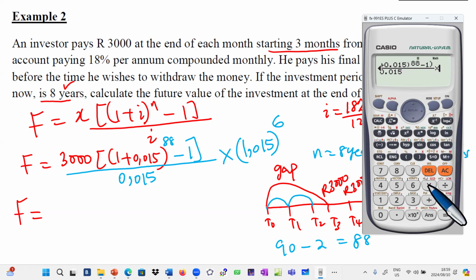And then this is multiplied by 1.015 to the power 6. What is the answer?